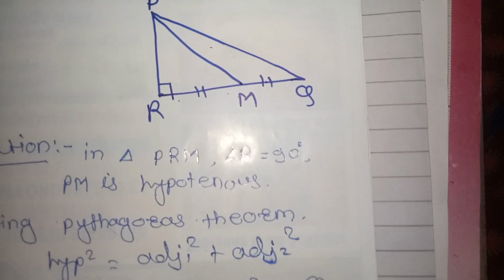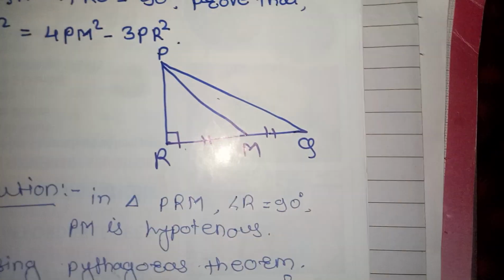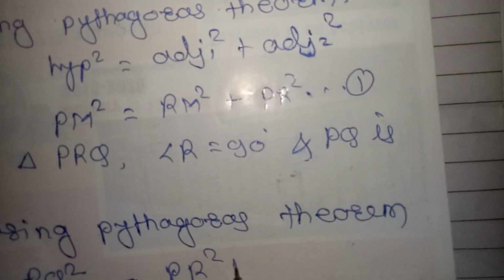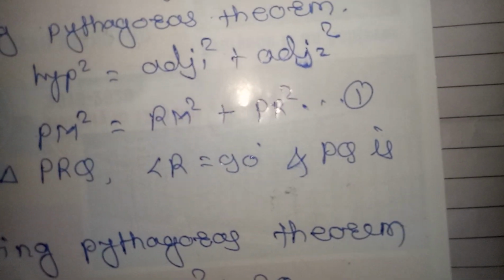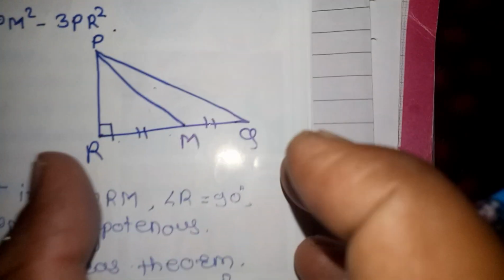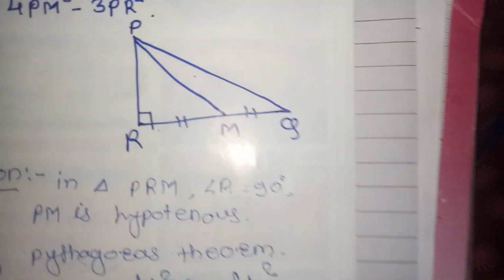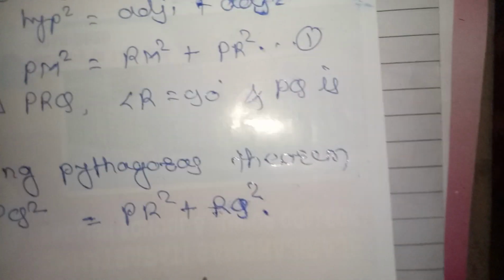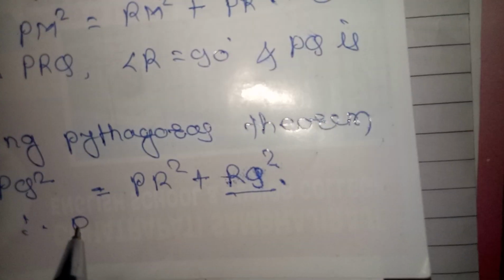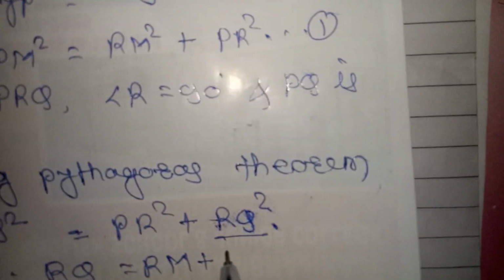So PQ square is equal to PR square plus RQ square. You can see RQ has these two segments, one is RM and another is MQ. So we can write here RQ is equal to RM plus MQ.